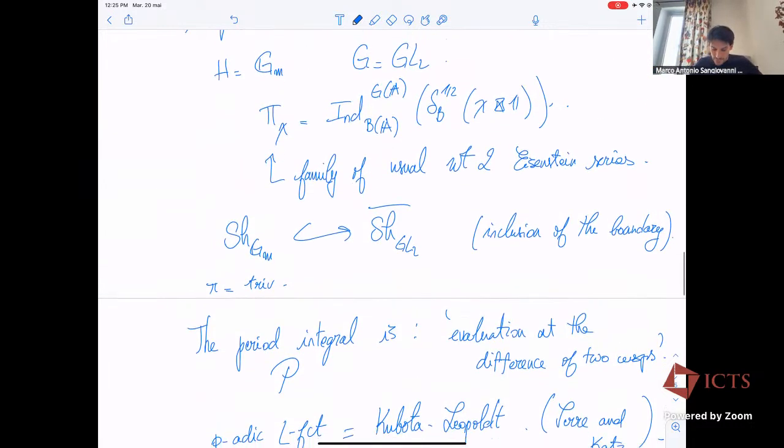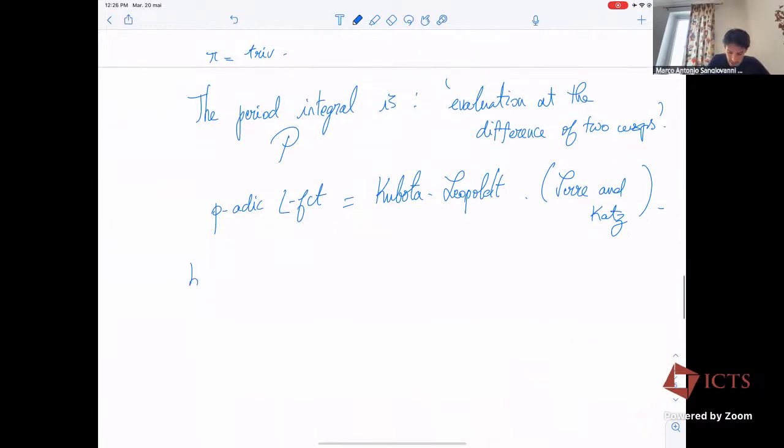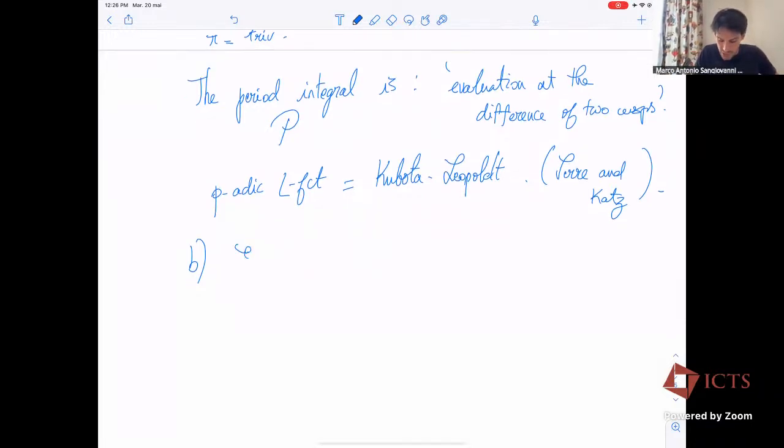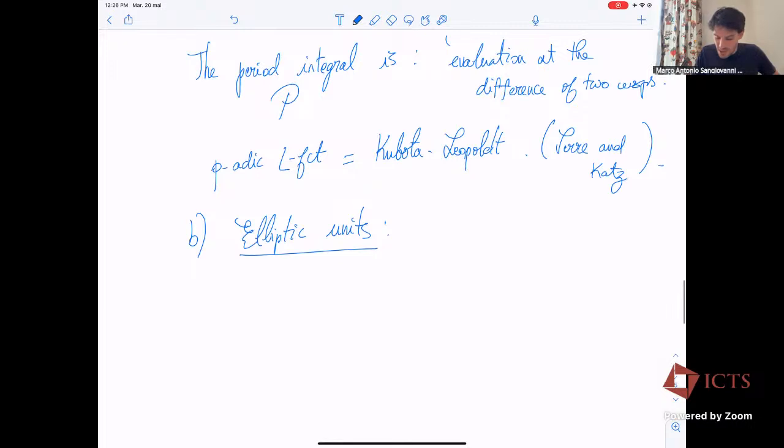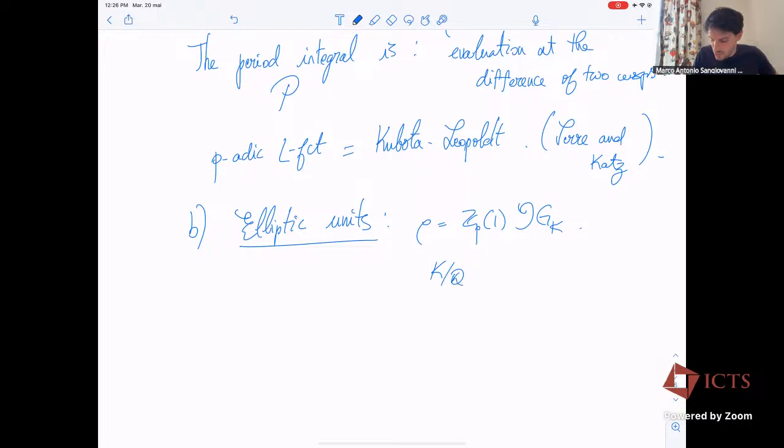And now let me revisit a few more examples in Chris's list. So there were also the elliptic units. This is the case where we're interested in the Galois representation ZP1, but not anymore over Q, but with an action of GK, where K over Q is quadratic imaginary.